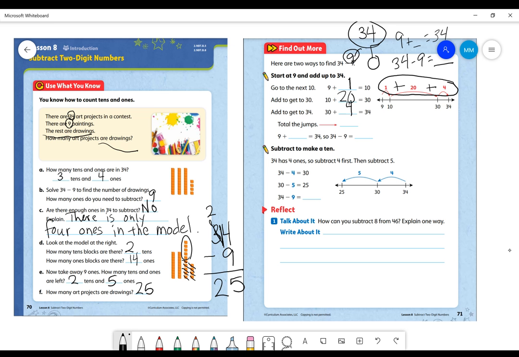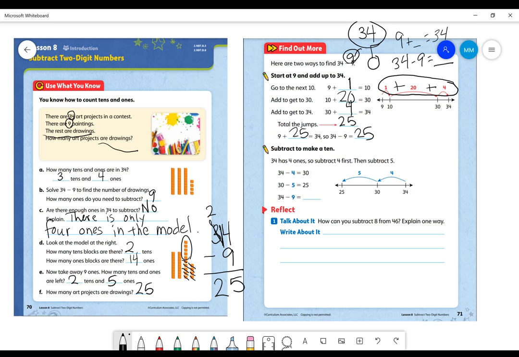So 20 plus 1 is 21, plus 4 more would be, what would that be, friends? It would be 25. So 9 plus, what was our part? 25 equals 34. And because those parts and whole are part of a fact family now, we know that 34 minus 9 also equals 25.